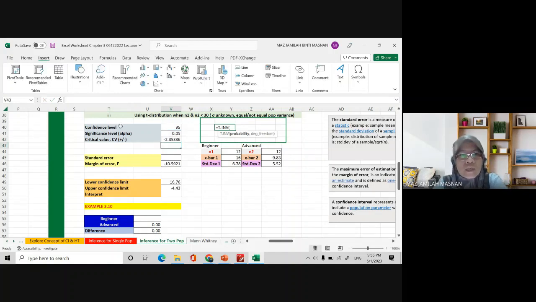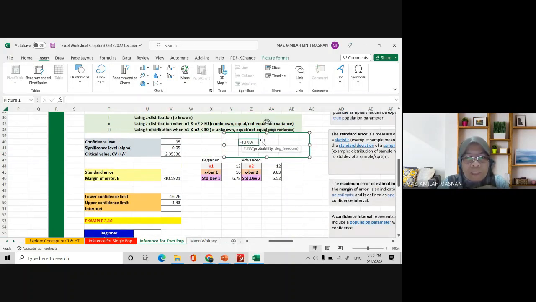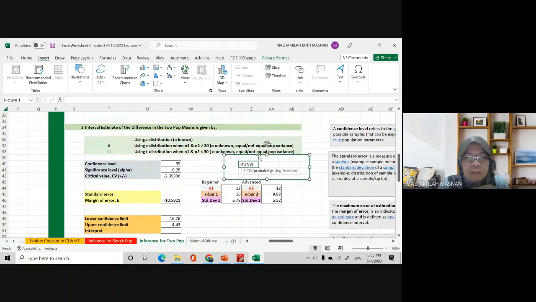We have to check. Let's say we are assuming this as a case. Let's say we just use the case N less than 30, so unequal. Let's say we put it as unequal since the standard deviation is almost the same. So let's say this is where case 3.